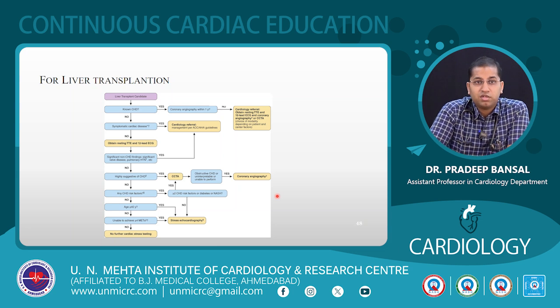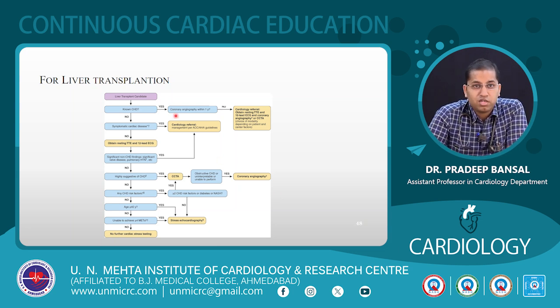For a liver transplant candidate with known coronary heart disease, if yes, coronary angiography within 1 year; if no, then cardiology refers for TTE, 12-lead ECG, and coronary angiography or CT coronary angiography. If there is no known coronary heart disease and there is any symptom, consider cardiology referral.